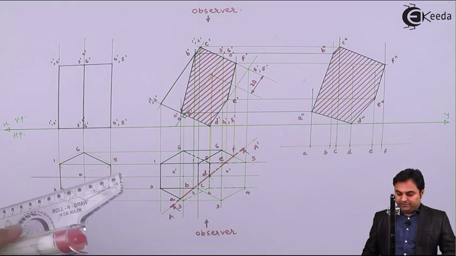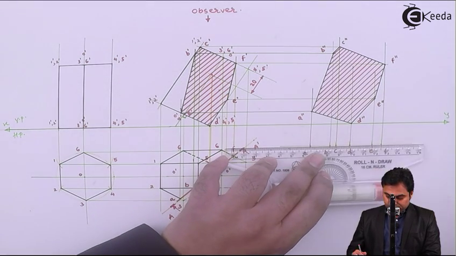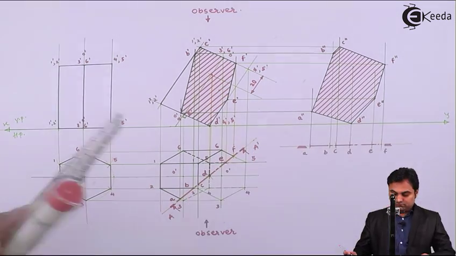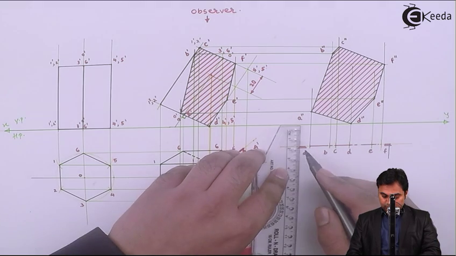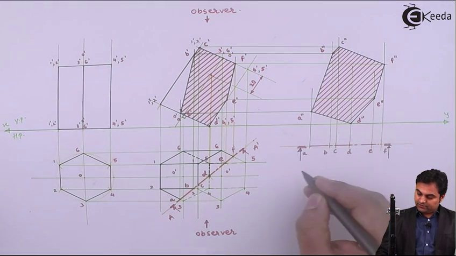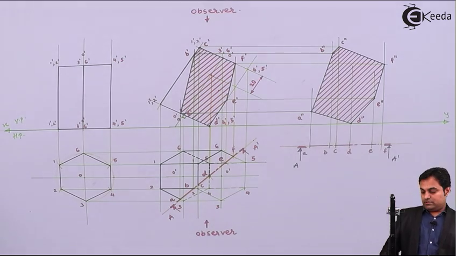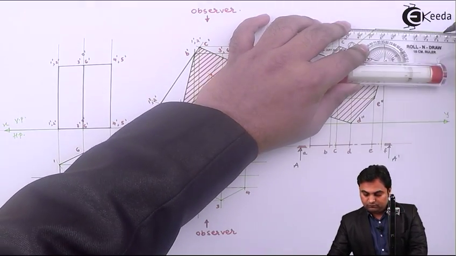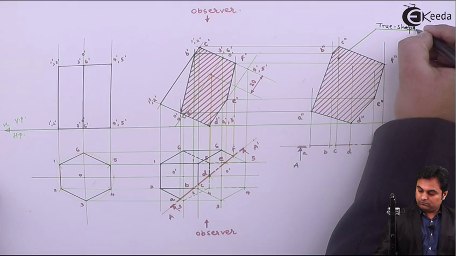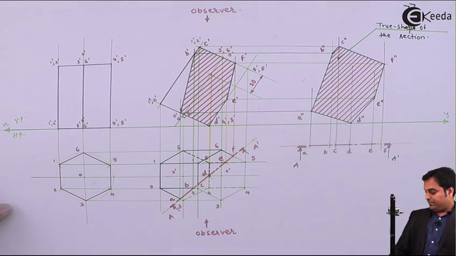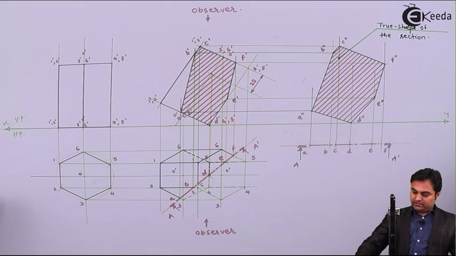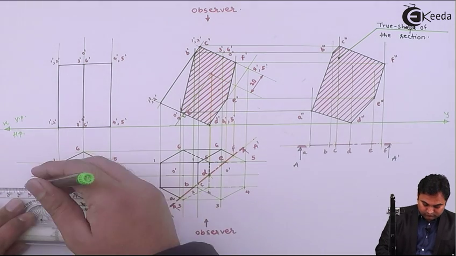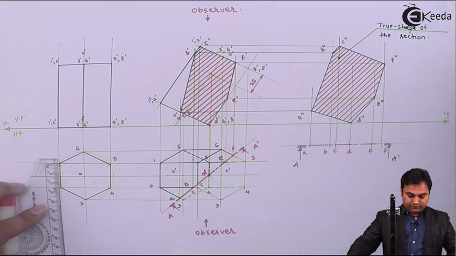Next, I'll make this cutting plane dark. This is the viewing direction, and the name of the cutting plane is AA dash. This is the true shape of the section, and after getting this, I'll give the dimensions. Here the base side was of 25 mm.